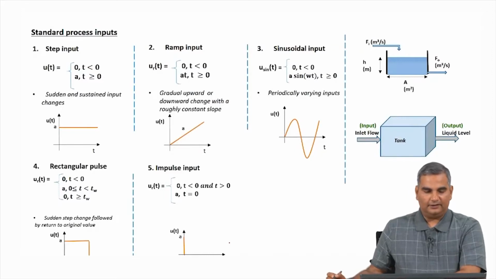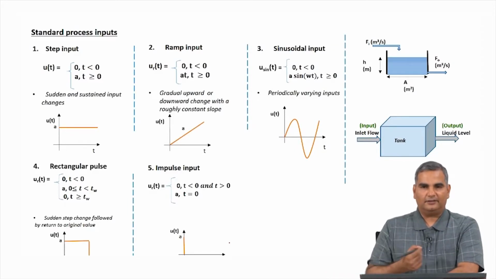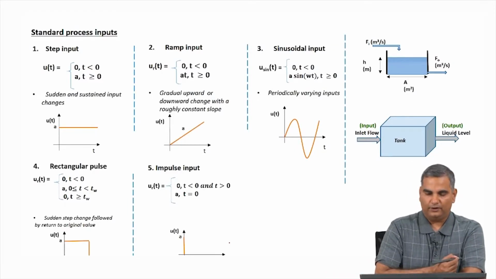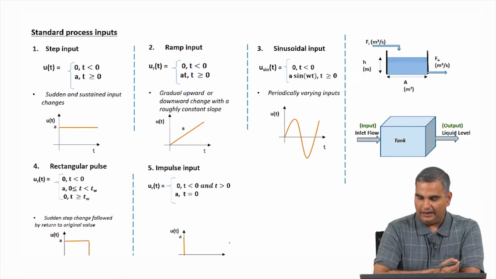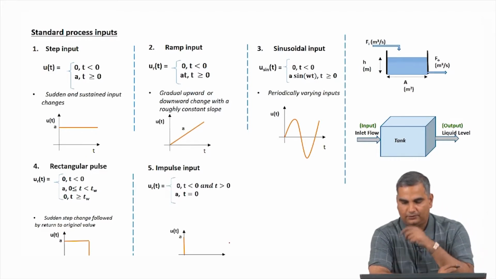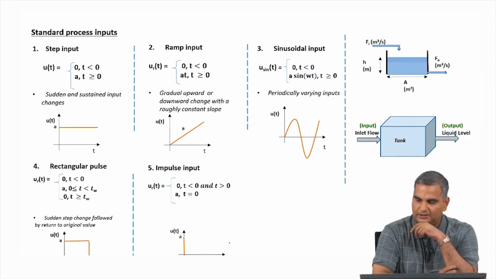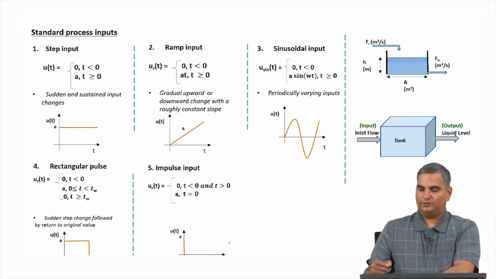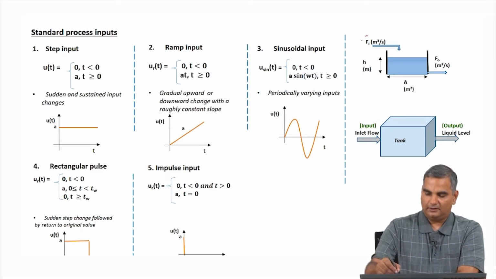Now that we have written the equation, the next question is how are we going to use this equation in modeling this process. This equation, or these equations, are supposed to tell us how the output will change when I make changes to my input. In this case, this is the input and this is the output.